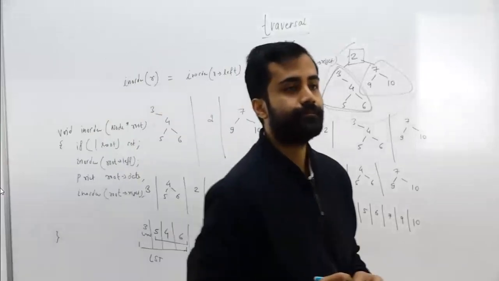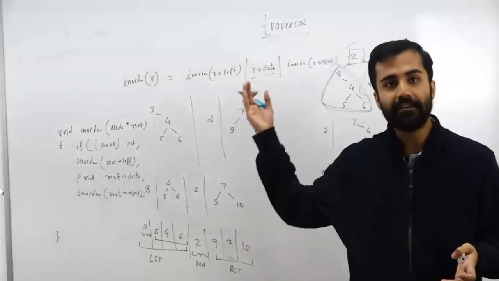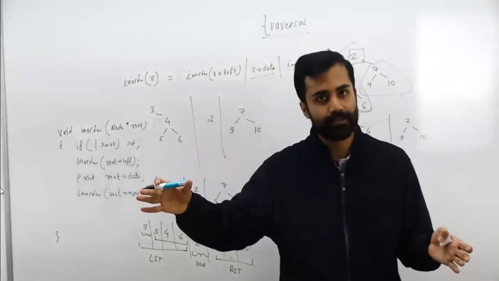Okay. Can I say it will have the same time complexity that the pre-order had? The answer is yes, of course it will have the same time complexity. Why? Because here again, I can say that we are touching each node exactly once only.